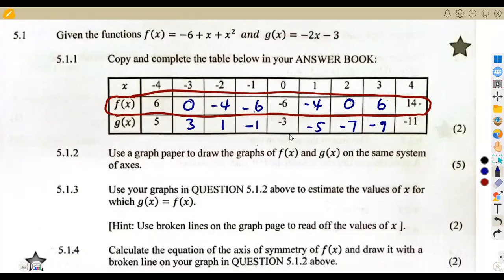All right. Then the other question on 5.12, it was use the graph paper. Here we need a graph paper to draw the graphs of f of x and g of x on the same system of axes, that is on the same graph paper.